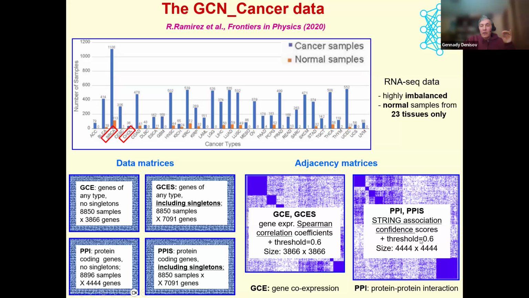And again, the threshold 0.6 was applied to these confidence scores. If the confidence score was above 0.6, the element of the adjacency matrix was set to 1, otherwise it was 0. That's basically how we computed the adjacency matrix.